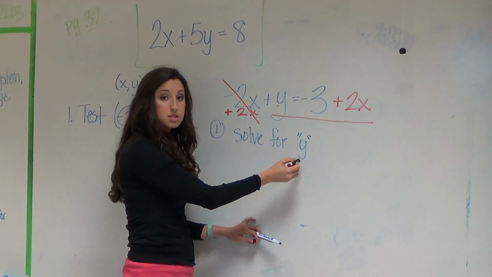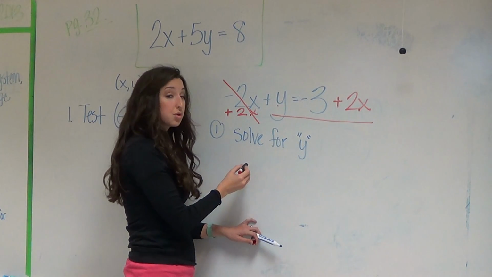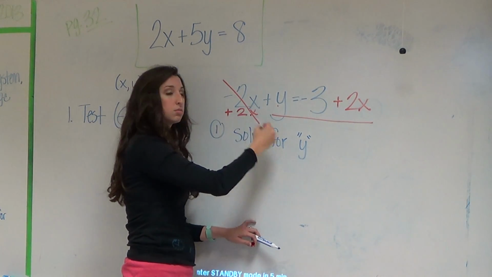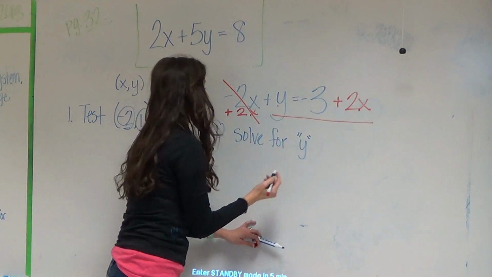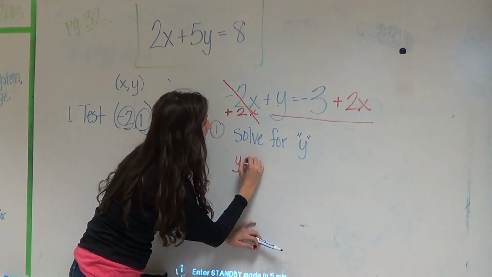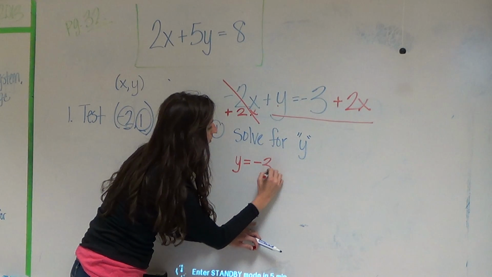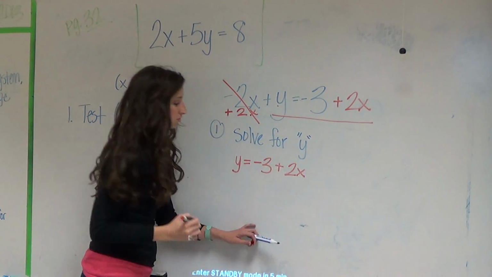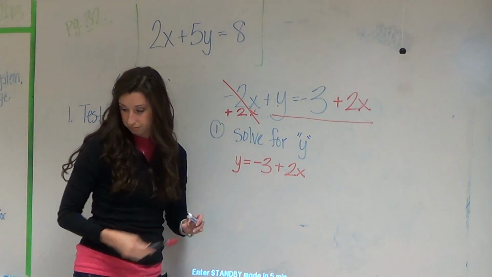Isn't that what I wanted, to be able to solve for y? So I'm going to rewrite my new equation. All I did was move this term to the other side. So here we go. y equals negative 3 plus 2x. Step one is done.